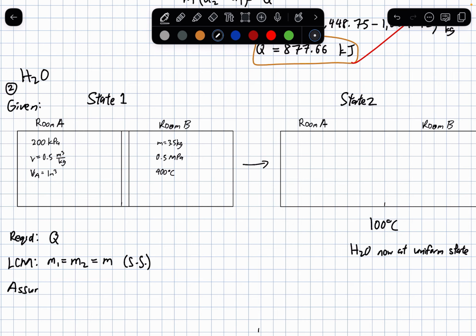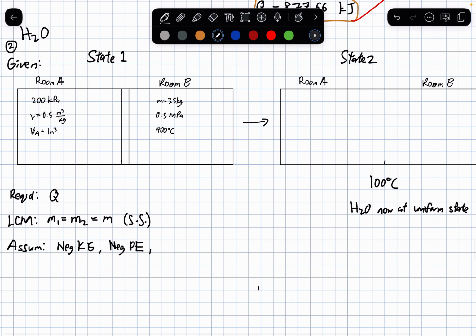And then assumptions, negligible KE and PE. This happens very often as far as from my experience so far, because there's no mention of velocity and elevation. So yeah.